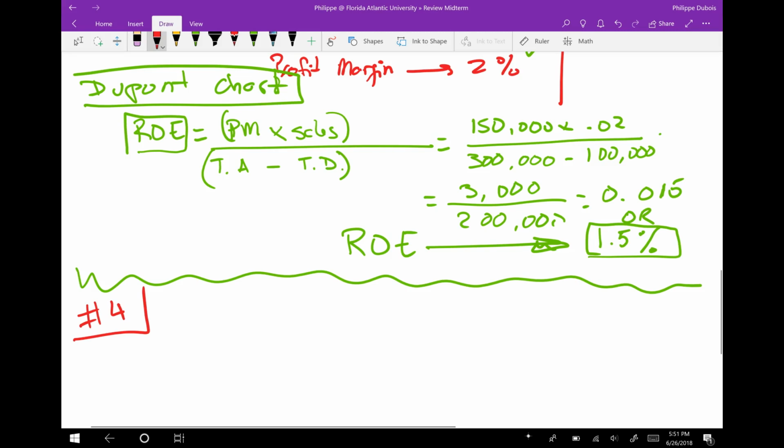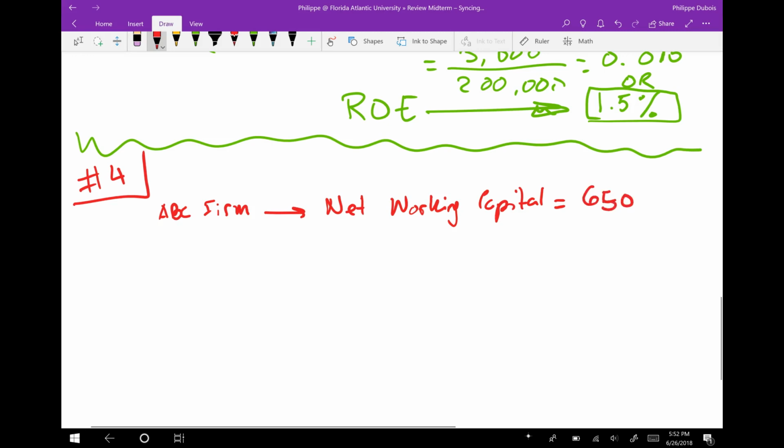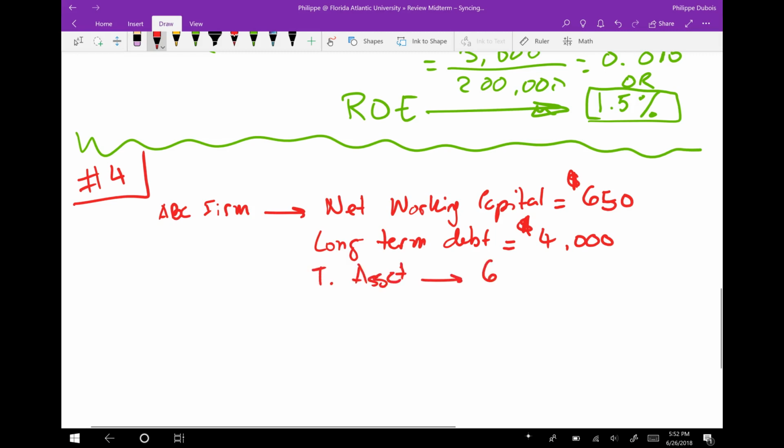All right, there's another one that is fairly simple. This one says ABC firm has a net working capital of $650, long-term debt of $4,000, total asset of $6,000, and fixed asset, remember, fixed asset is the amount of money you spend on a heavy piece of equipment or a new building, $3,000.